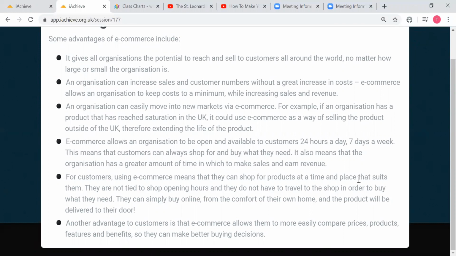And obviously, in a situation like we're in, where the shop isn't open, but you can buy from them online, as long as it's delivered to you and you don't have to go anywhere. Well, this is obviously why e-commerce is doing so well out of the current situation. Another advantage to customers is that e-commerce allows them to more easily compare prices, products, features, and benefits, so that they can make better buying decisions.